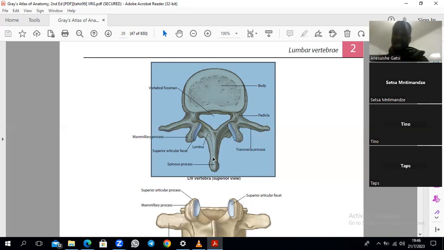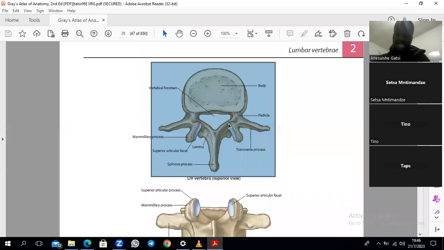Right. So describing each now, you can see that the pedicles here are quite short. They're a bit broader, and they look almost thick as well. They're not as thin as in other regions. So there's a very short pedicle, it's thick, and it's broad. Right.